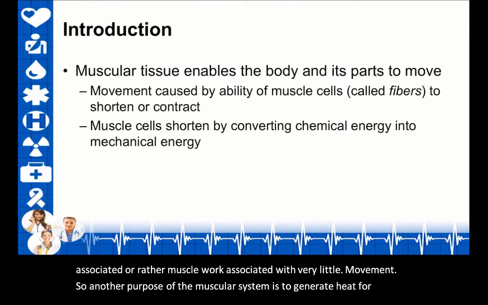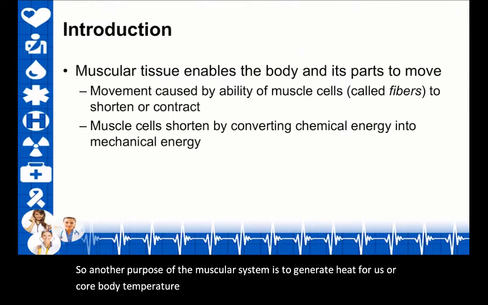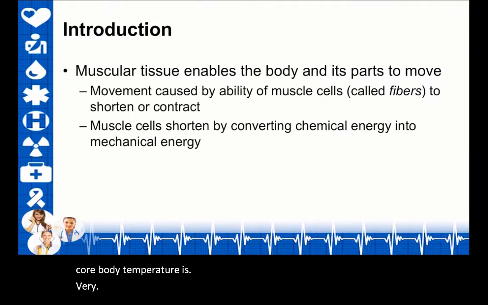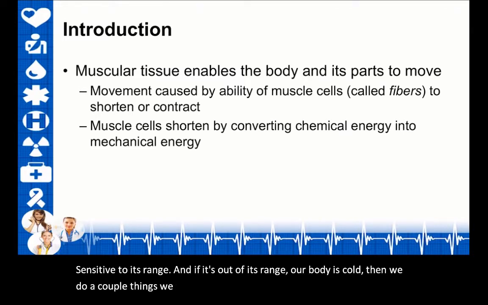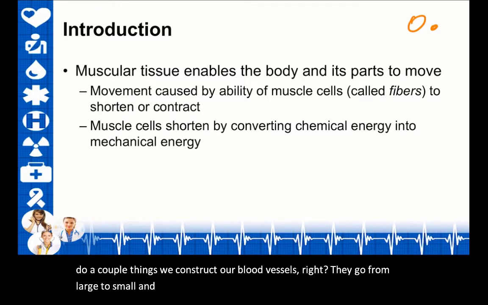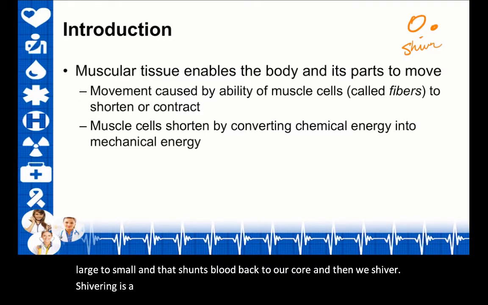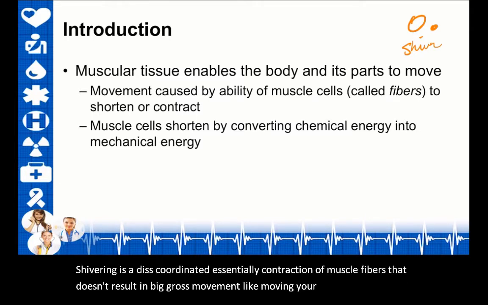Our core body temperature is very sensitive to its range, and if it's out of its range and our body is cold, then we do a couple things. We constrict our blood vessels, right? They go from large to small, and that shunts blood back to our core. And then we shiver. Shivering is a discoordinated contraction of muscle fibers that doesn't result in big, gross movement like moving your arm or taking a stride across the room.